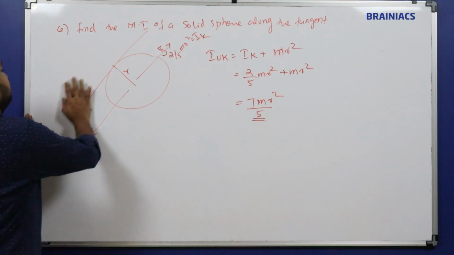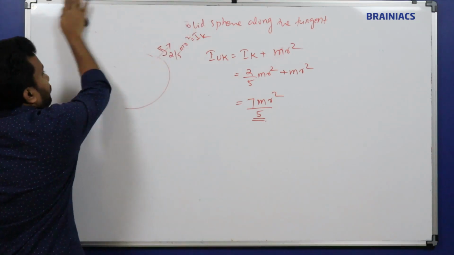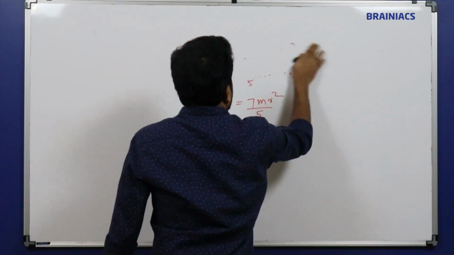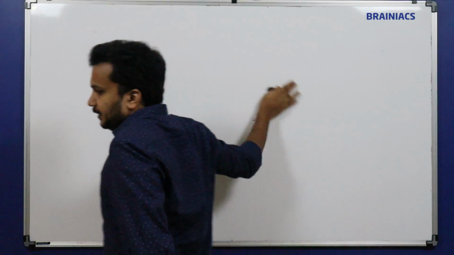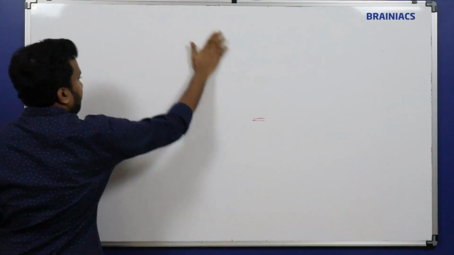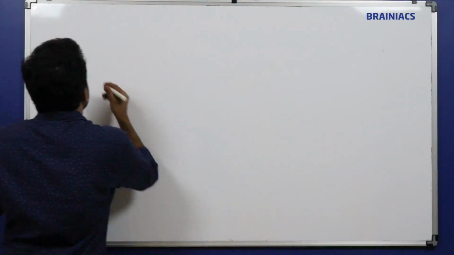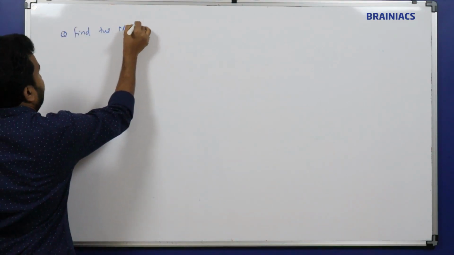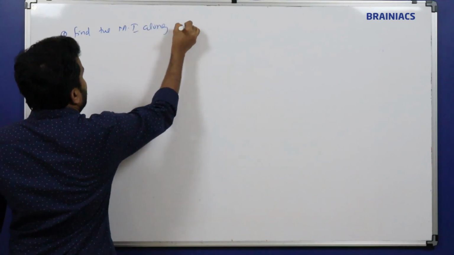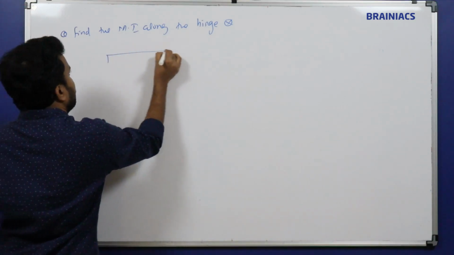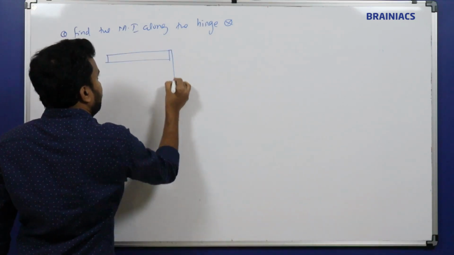Next problem. The next question is related to the moment of inertia again, using parallel and perpendicular axis theorem. This is actually a bit of a tricky question, but let's see how we can do it. The question is: find the moment of inertia along the hinge. A hinge is normally marked with a cross sign. So this is a rod connected over here.